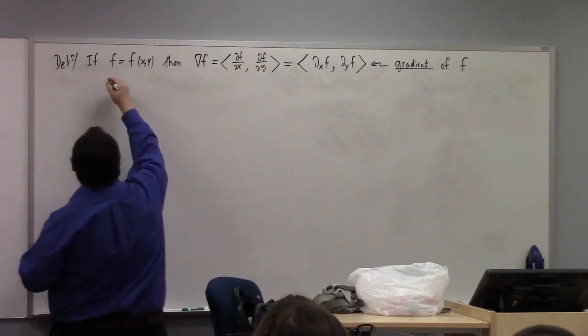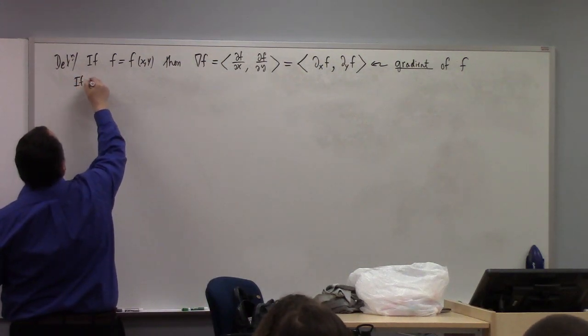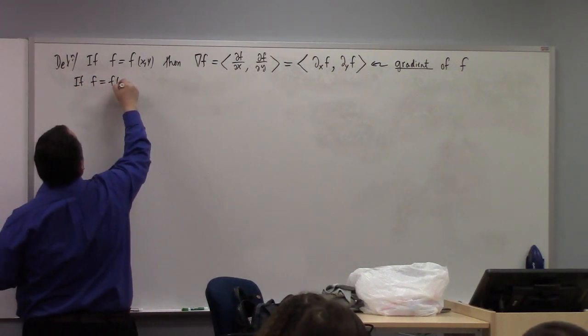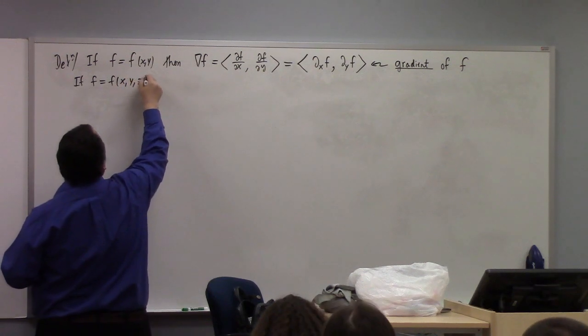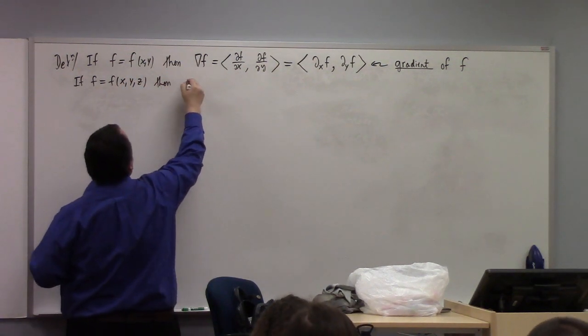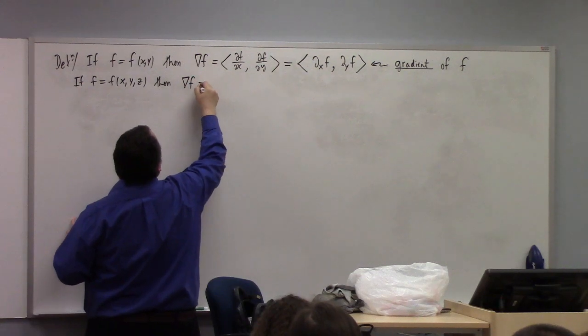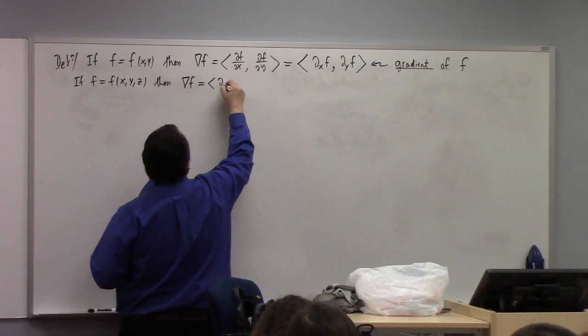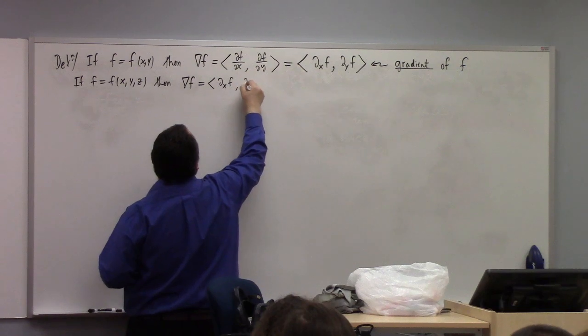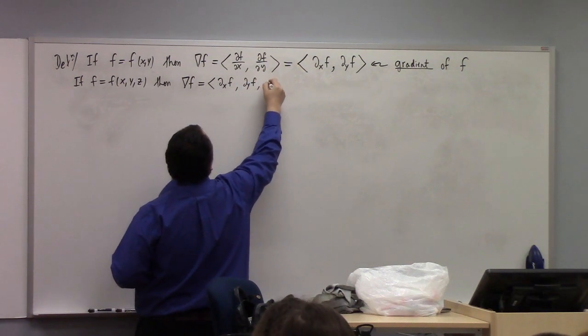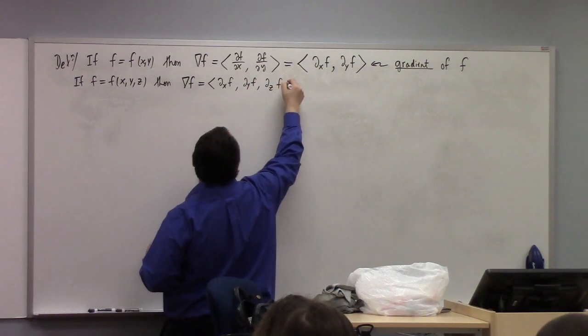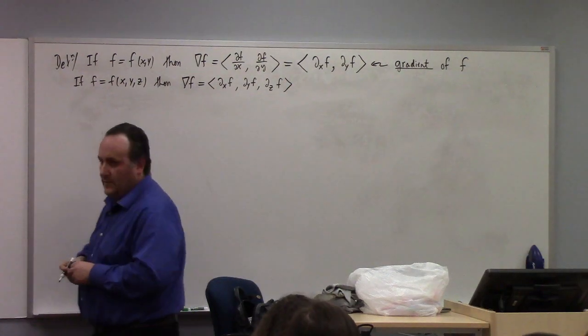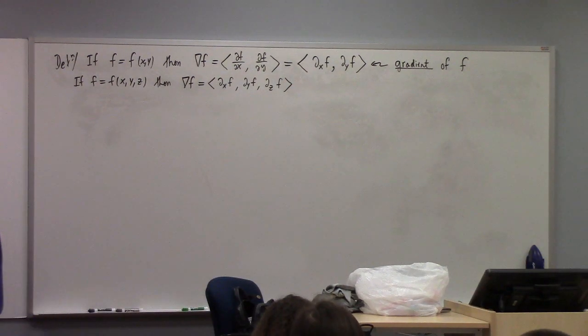Now, if on the other hand you have f as a function of x, y, and z, then the gradient of f is defined to be partial x f, partial y f, partial z f. So the gradient of a function of two variables is a two vector.